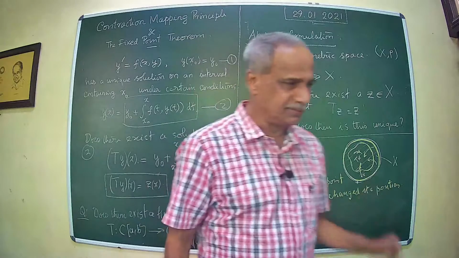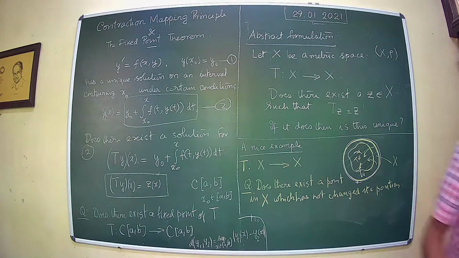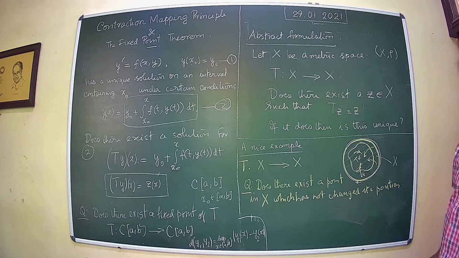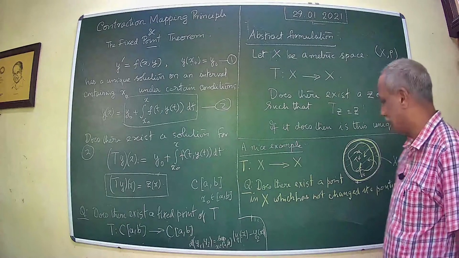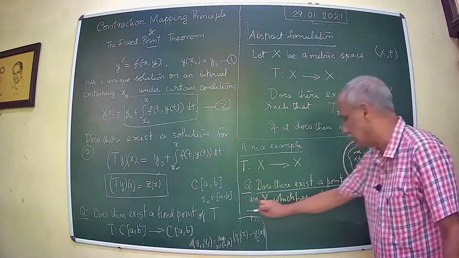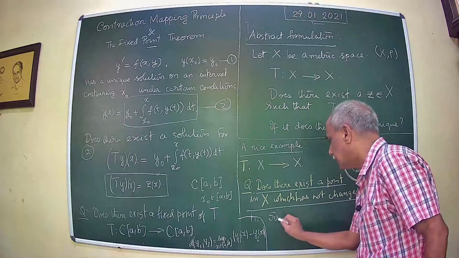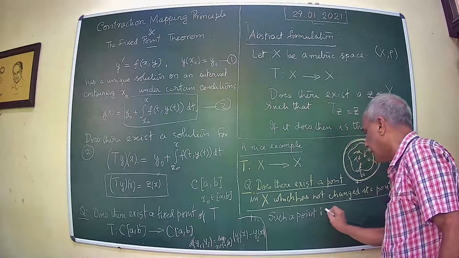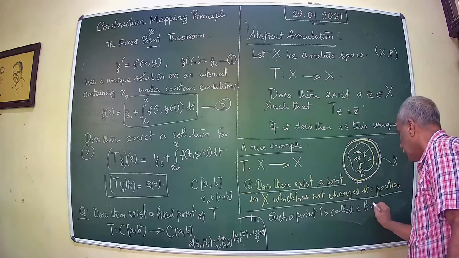Why should there be? You don't know. But you will be happy if there is one, and you will be all the more happy if there is exactly one. So that's the question that you are asking. Does there exist a point in this X which has not changed its position? Such a point is called a fixed point. Fixed point.